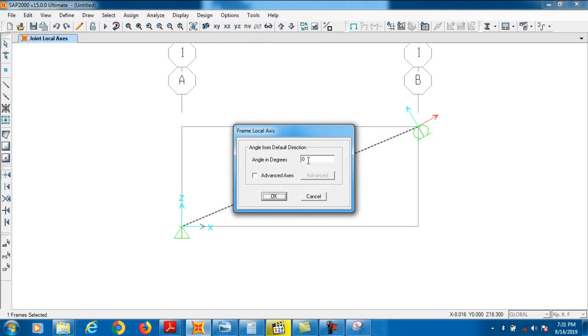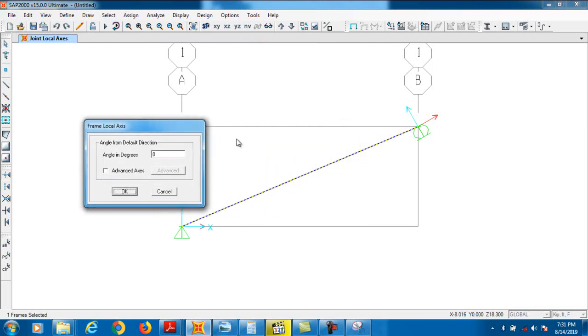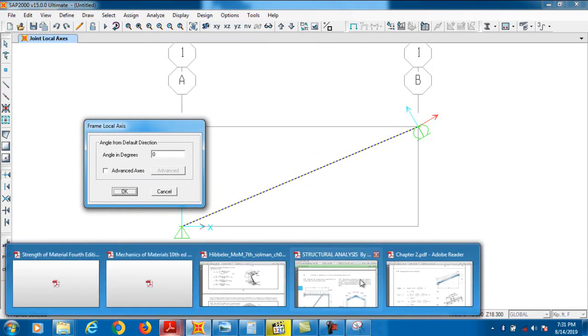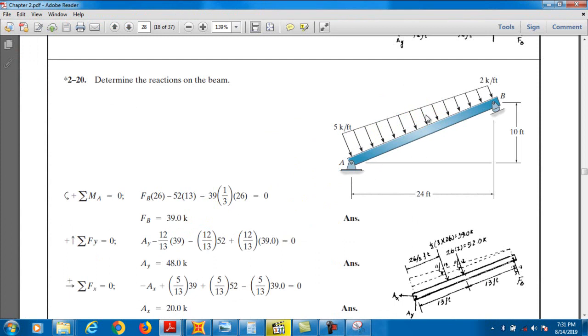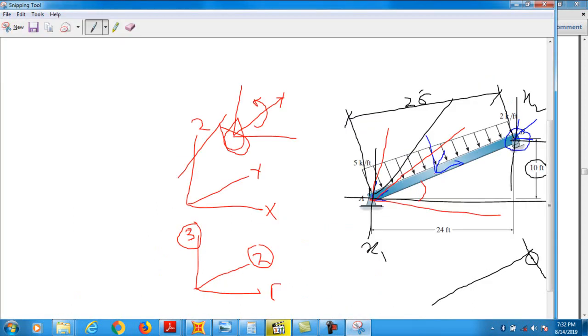So there you can see we also need to rotate the local axis of this frame at 30 degree, because you can see this loading, the loading is perpendicular to this beam section, so therefore we need to rotate the local axis of the beam as well. Here you must know that the local axes are in this shape. Now we need to rotate the local axis of the beam, because if we don't rotate the local axis of the beam, the load will not be applied in perpendicular direction.